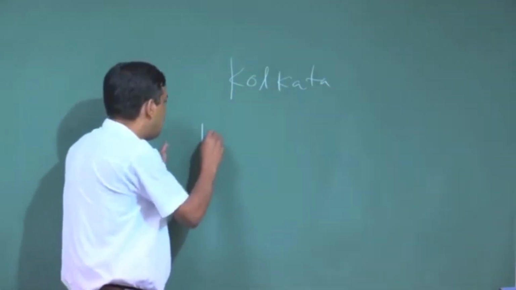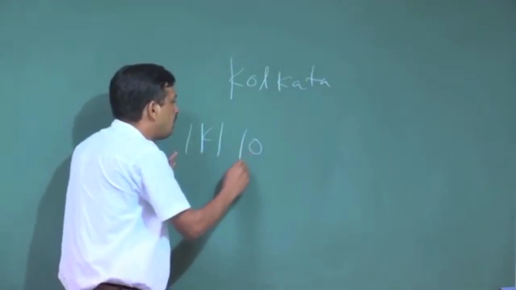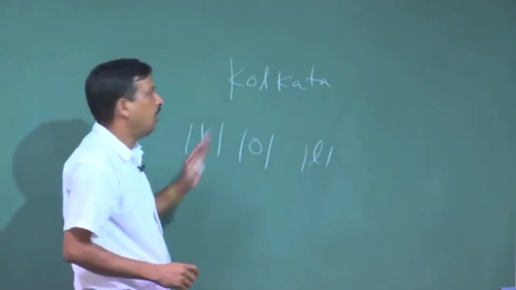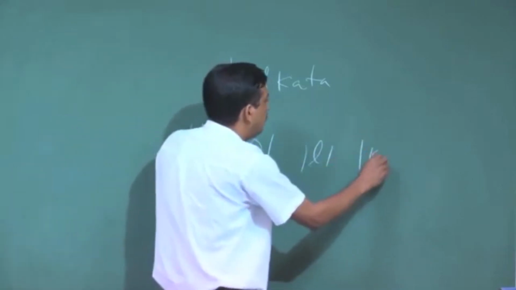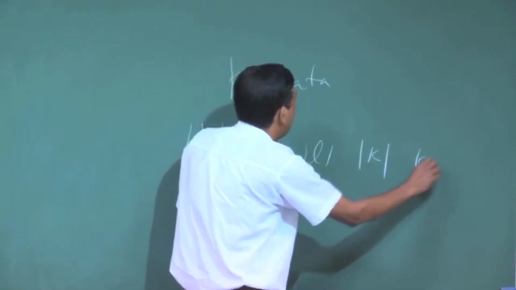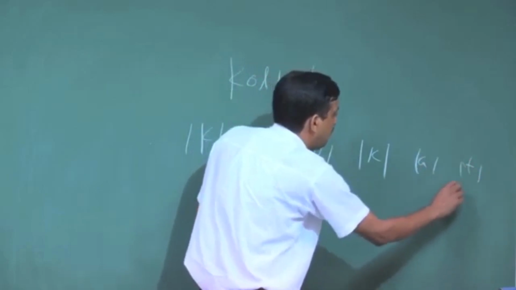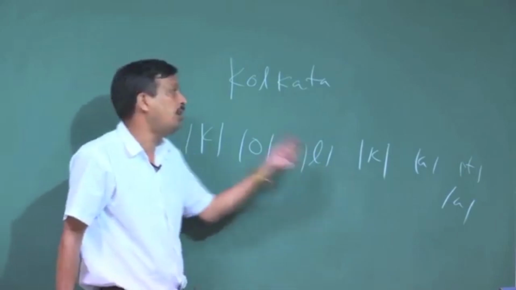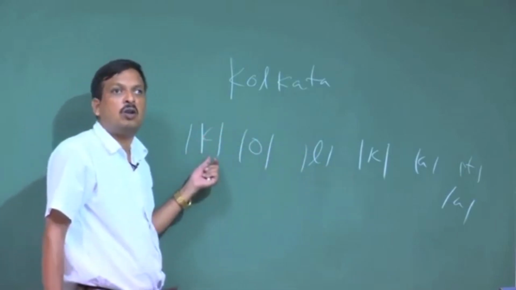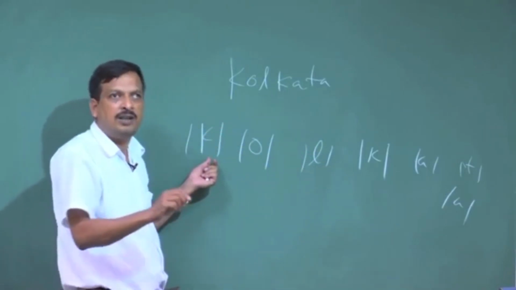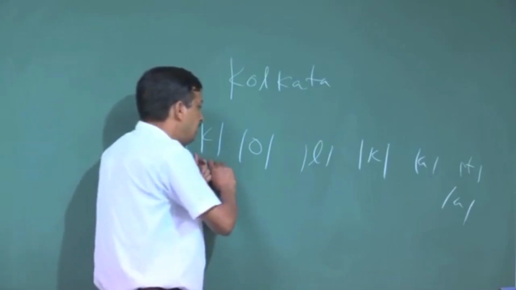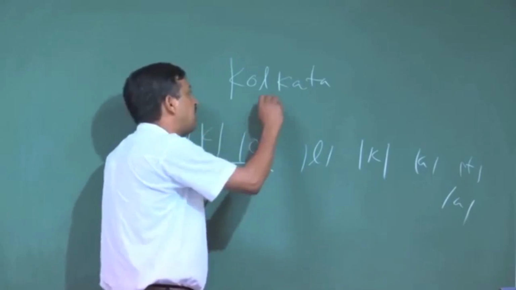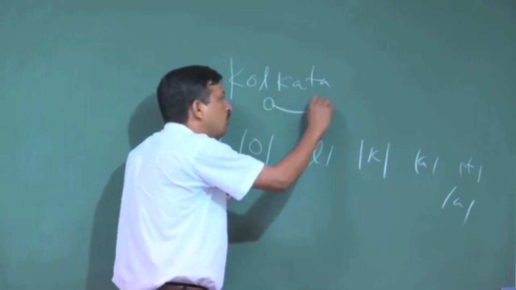So ko is a sound, o is a sound, lo is a sound, again ko is a sound, then a is a sound, then to is a sound, then a is a sound. If those sounds are pronounced or composed in sequence, then the message that I am saying, Kolkata, is transmitted from talker to listeners.